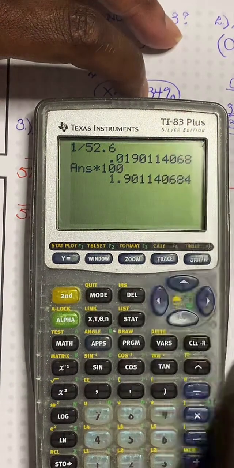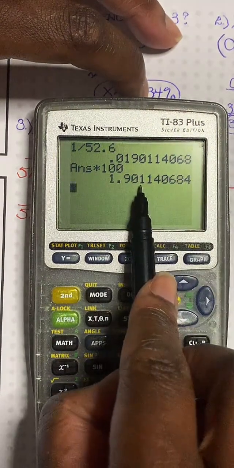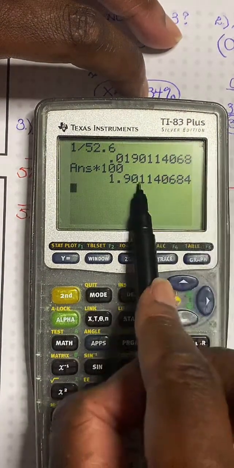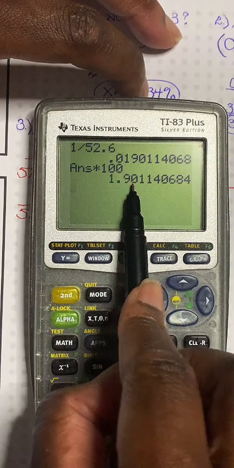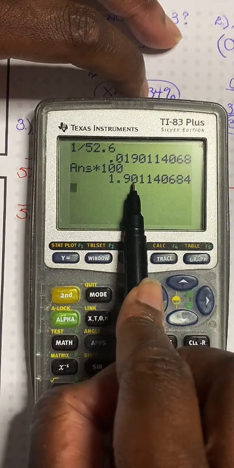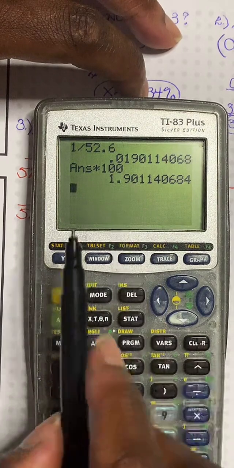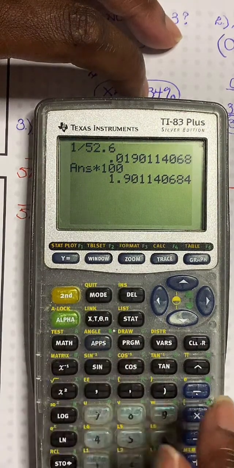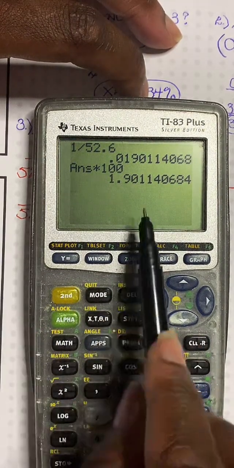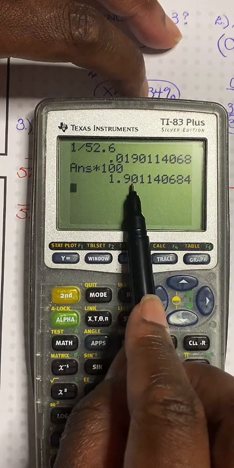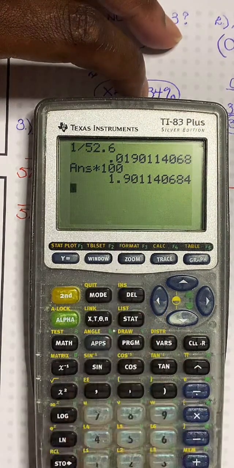Now, if this one right here was like a 7, that means I would add 1 to that 0 to make it into a 91. Anything that's a 5, 6, 7, 8, 9, that means you're going to add 1 to the previous spot. Makes sense?